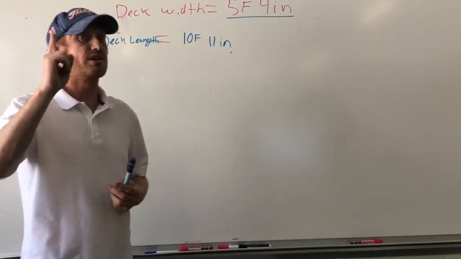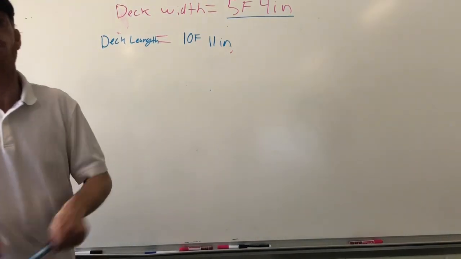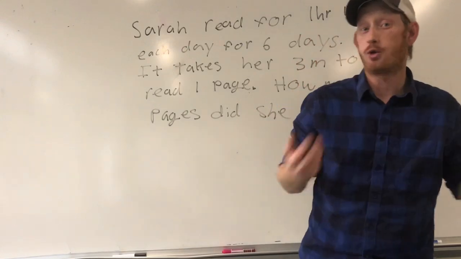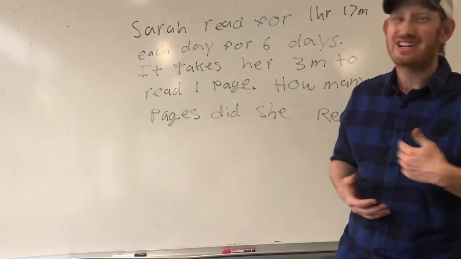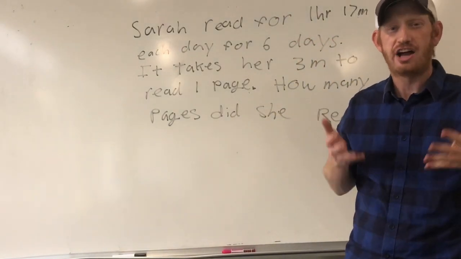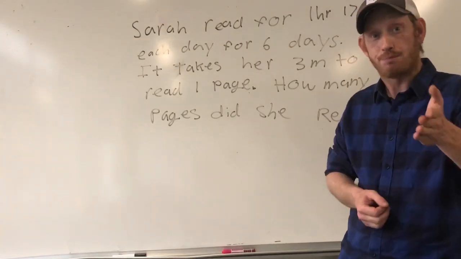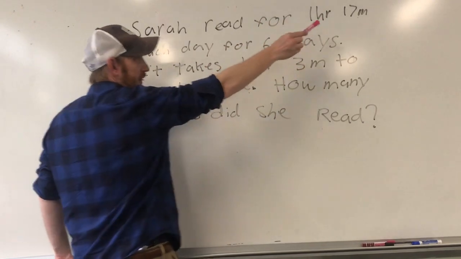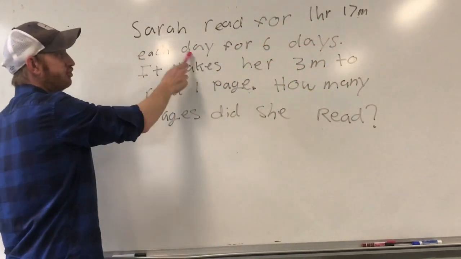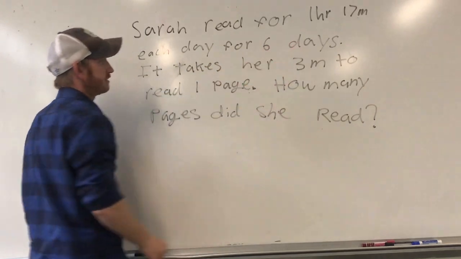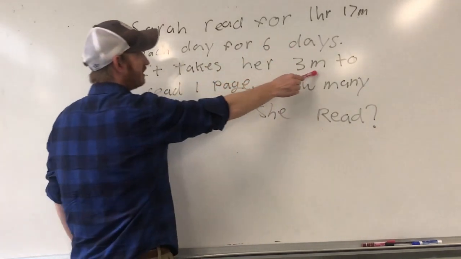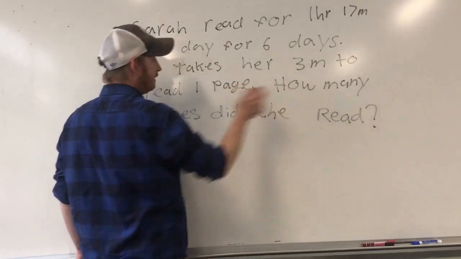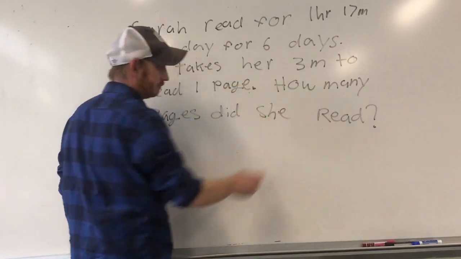Now let's try one assignment from your independent work before you go finish on your own. Now we're gonna do one of your independent problems, and then you're gonna have another word problem to finish on your own. Our problem says, Sarah read for 1 hour and 17 minutes each day for 6 days. It takes her 3 minutes to read 1 page. How many pages did she read?